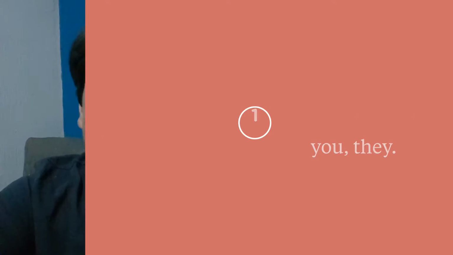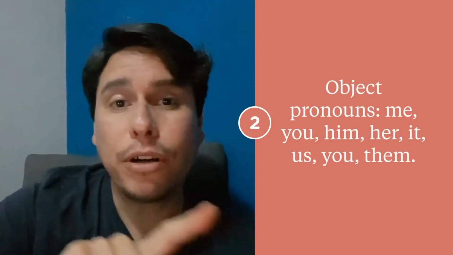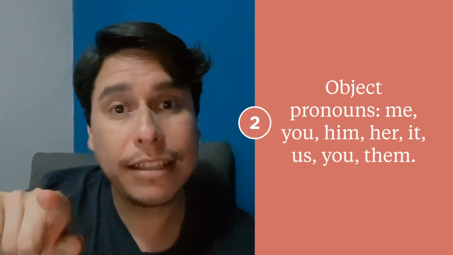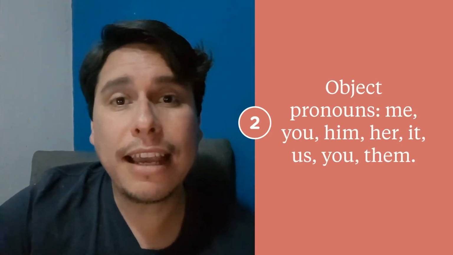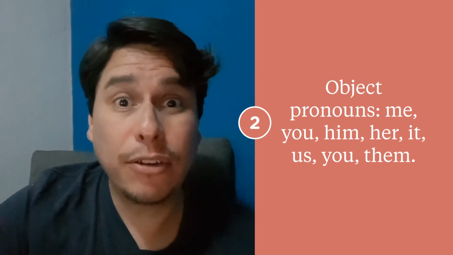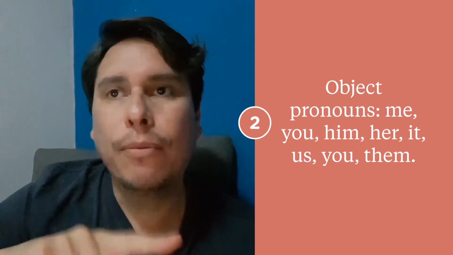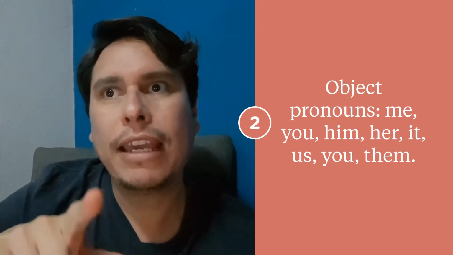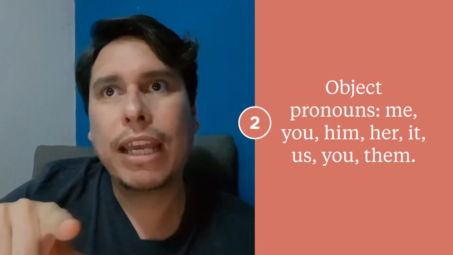Okay, now let's talk about object pronouns. The object pronouns go in the second part of the sentence, in the predicate, where they tell us what the action is being done or what has been done. Okay, for example, Roberto goes with Roxana. Roberto dances with Pedro.